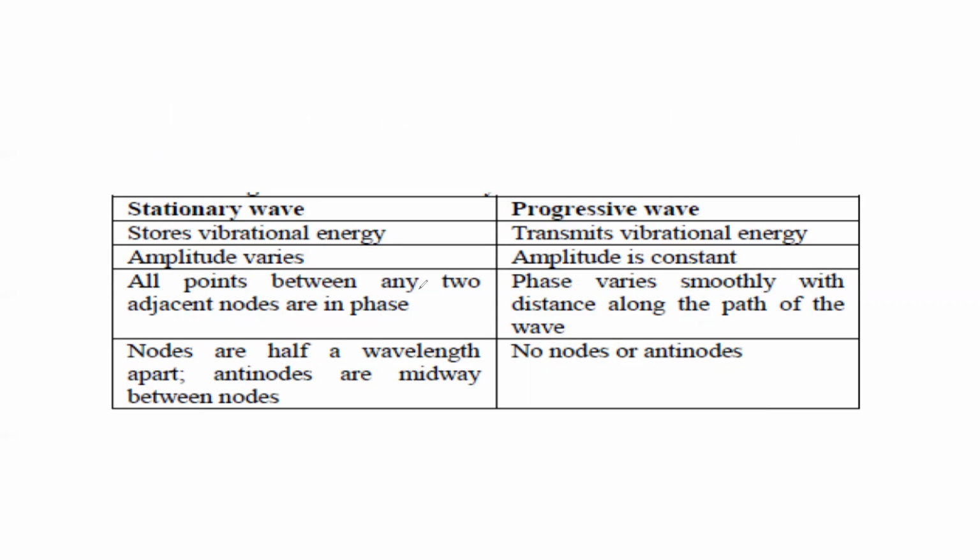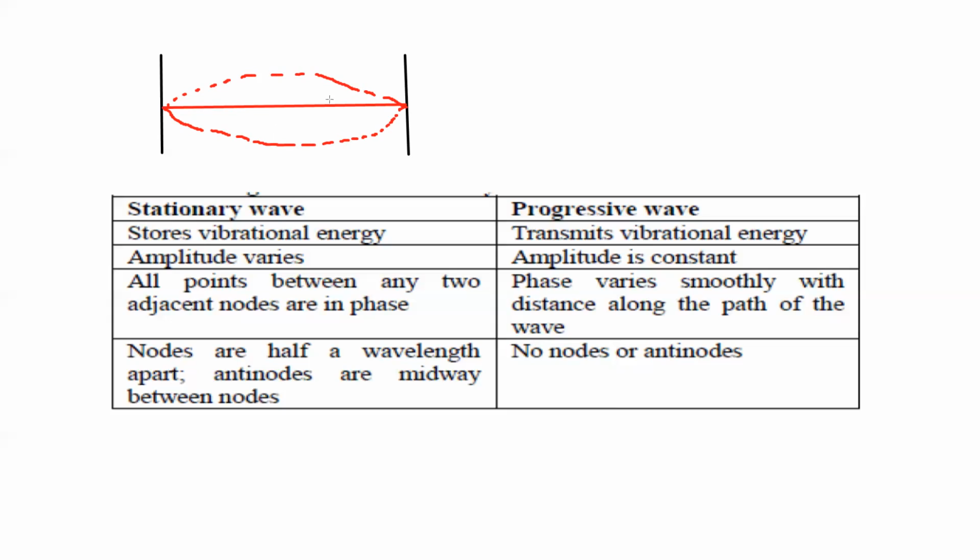For example, if we have a rubber band and we stretch it between two points and disturb it, the rubber band will vibrate. This is how it will appear. So what does it mean? All the points between two adjacent nodes.